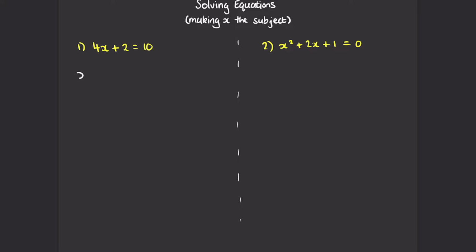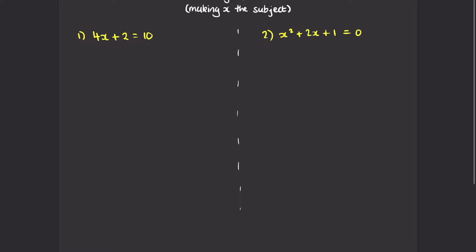That could be a numerical value or an algebraic value, but basically you want one side, we'll call that the left-hand side, to be x, equals something on the right-hand side, because making x the subject by itself is what we're trying to do. That's all making x a subject means, or solving equations.